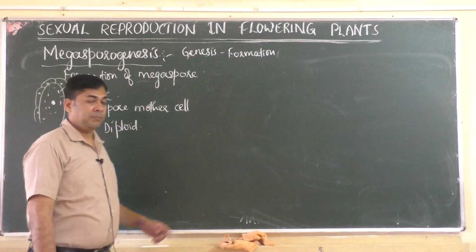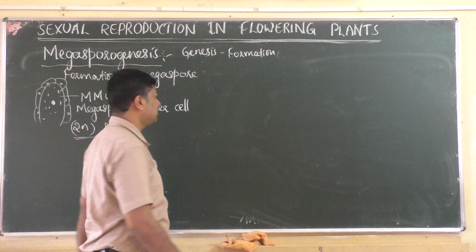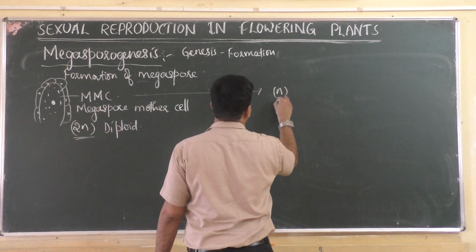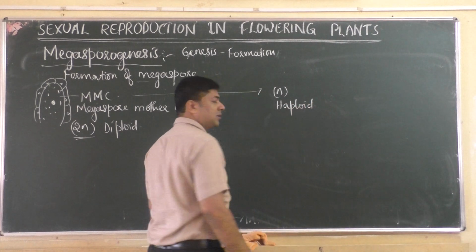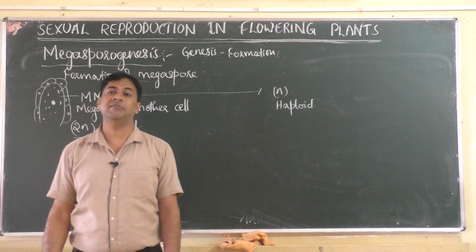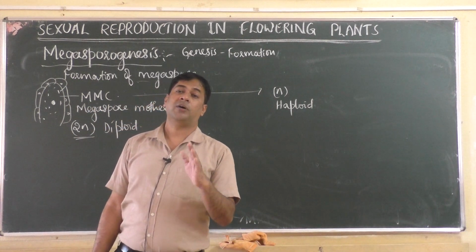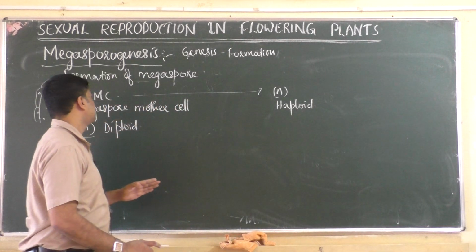The megaspore produced will be haploid. It will have half the number of chromosomes, that is n number of chromosomes, haploid. So just recall, which type of cell division will occur now? Which type of cell division forms a haploid set of chromosomes?